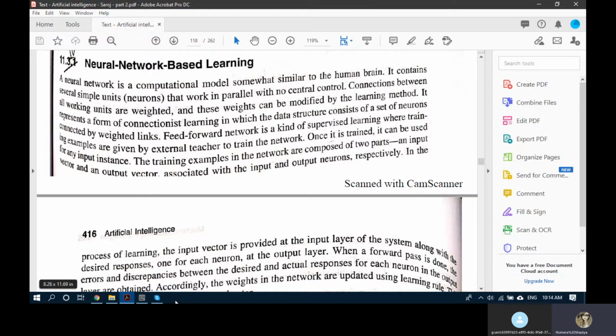The Go game is considered to be the toughest game in the entire world, and AI through deep learning has conquered that game and has defeated the most expert player of the Go game. Likewise, there are numerous examples which have used this neural network.